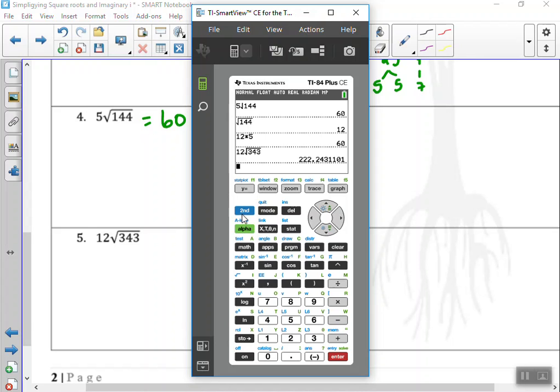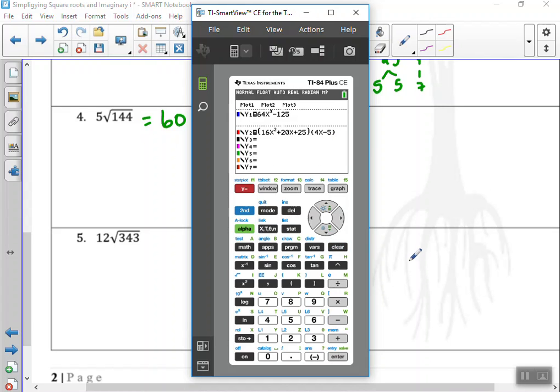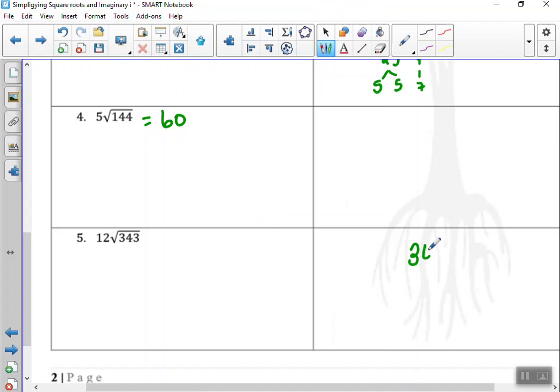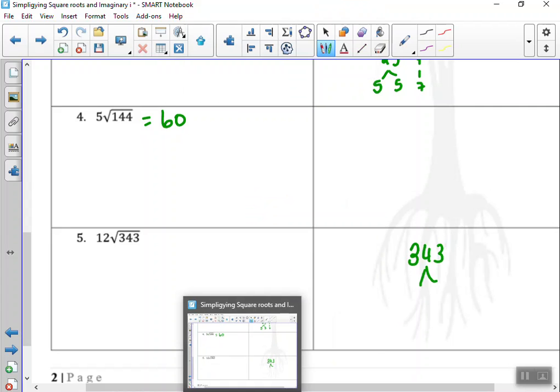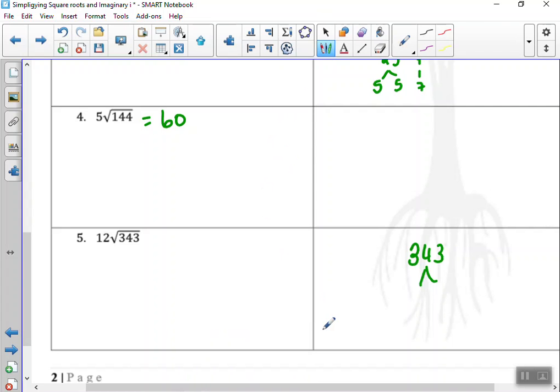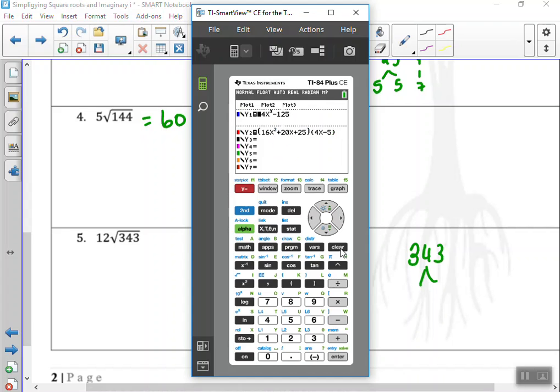Let me look for one. Let me do 343 and then do the factor tree. What goes into it? 343 divided by 3, no. Remember this other trick I showed you guys?